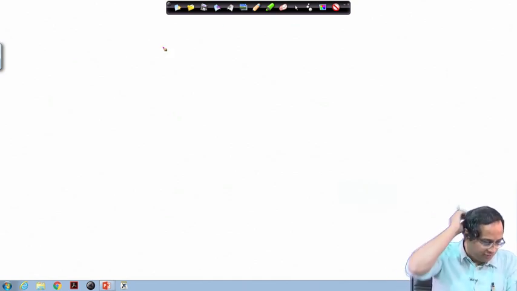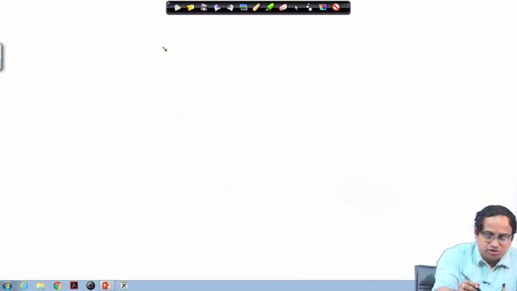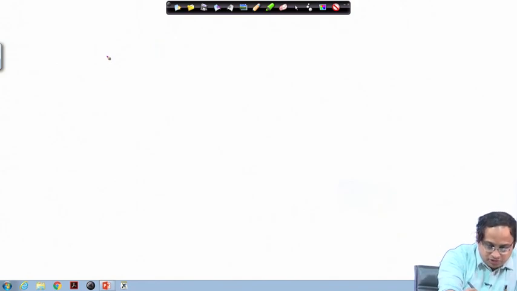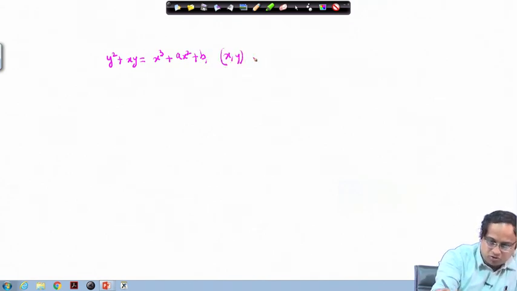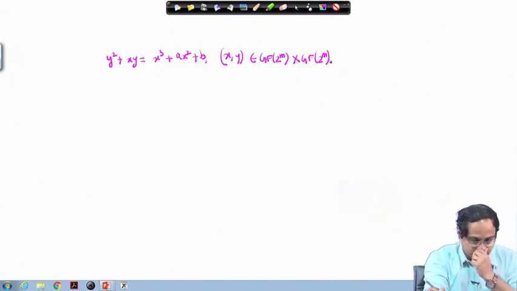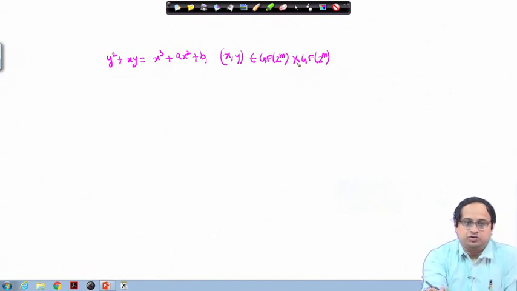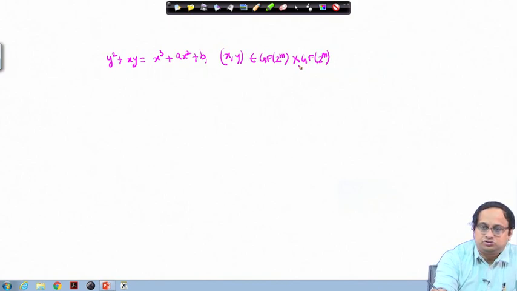Suppose I have my equation y square plus xy equal to x cube plus ax square plus b, where x comma y are elements in GF 2 power of m cross GF 2 power of m. Now I want to obtain the doubling equation, because that is of particular importance to me.